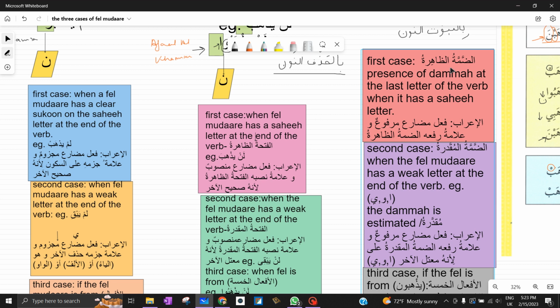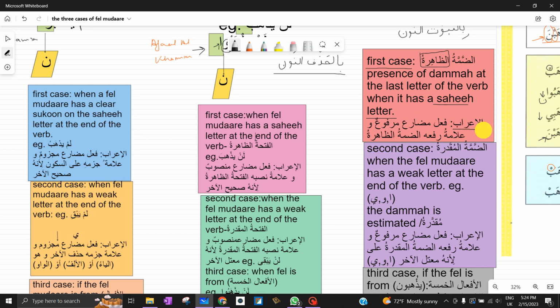First, when you see a visible dhamma on the last letter. Here you will see the first case is dhamma zahira. Presence of dhamma at the last letter of the word when it has a sahi letter. I have explained what is sahi letter, all the letters except alif, waw and ya.